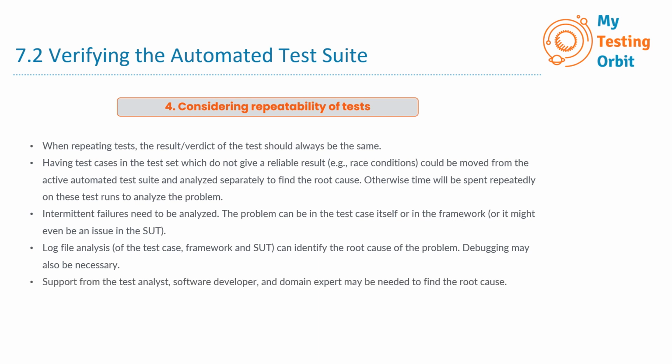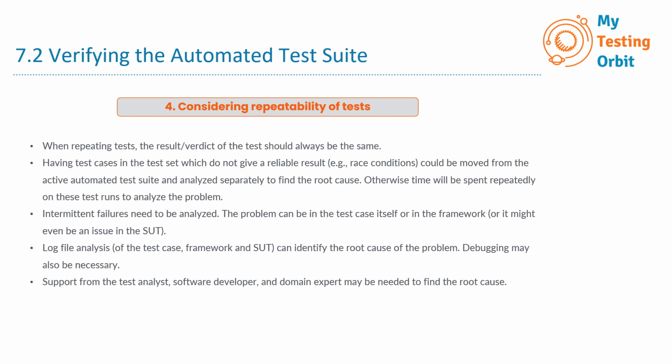And then we have support from the test analyst, software developer, and domain expert may be needed to find the root cause. So sometimes finding the reason behind test failures might need input from different experts, like the test analyst who understands the test process, or the software developer who has actually built the software, or maybe the domain expert who knows the business needs.